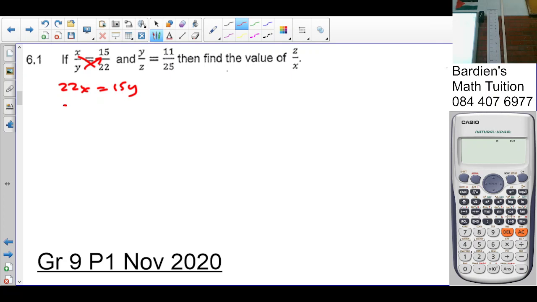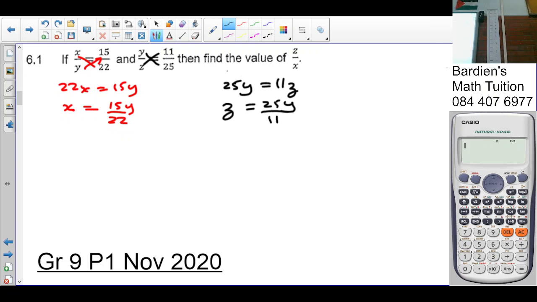So x is equal to 15y over 22. On the other hand, I'm going to make z the subject of the formula. There's 25y equals 11z. So z is equal to 25y over 11.